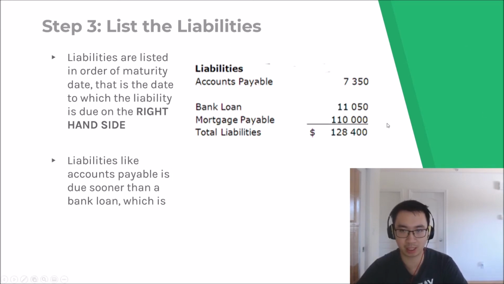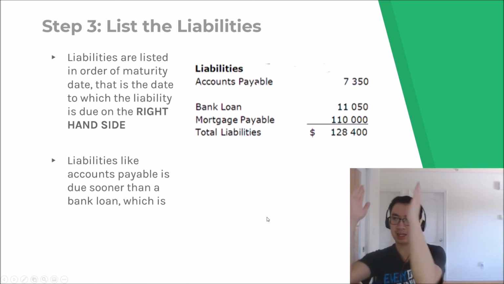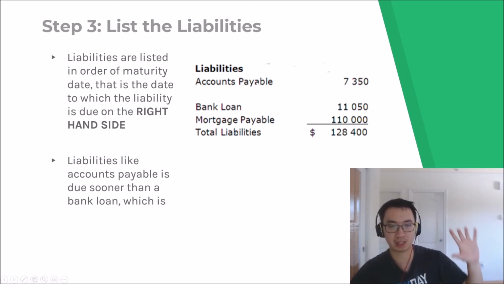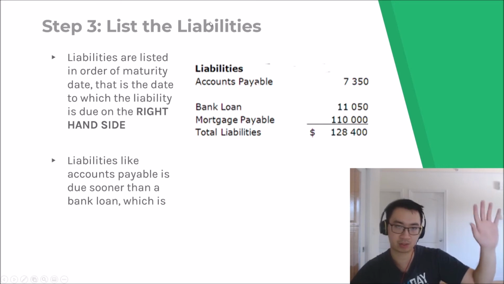So we have our total liabilities, and notice that for the total liabilities, there's no double underline over here because I'm going to add this 128,400 with some equity section over here. So the assets are on the left side, and on the right side is going to be liabilities plus equity, liabilities and equity.